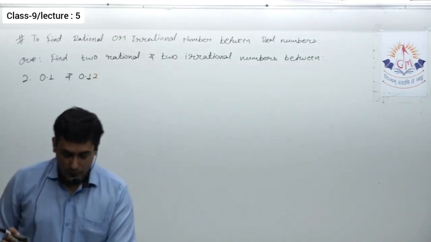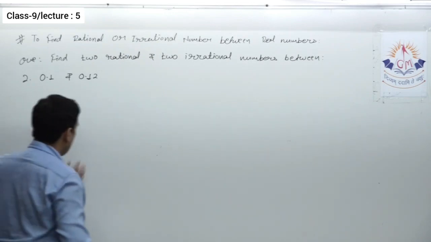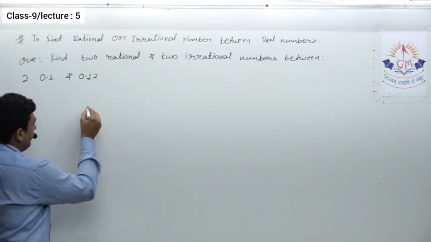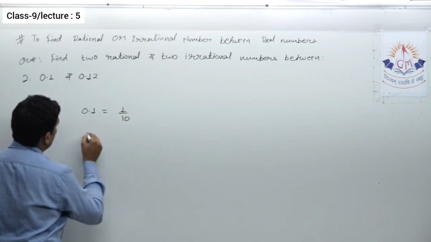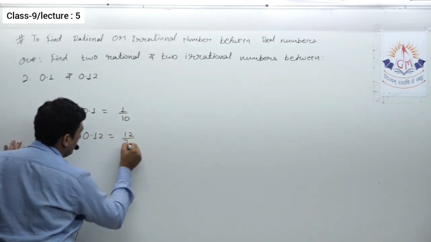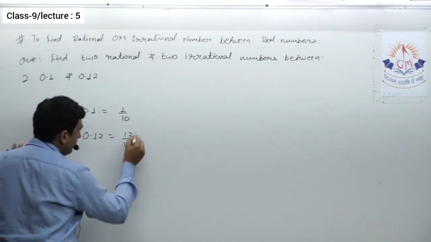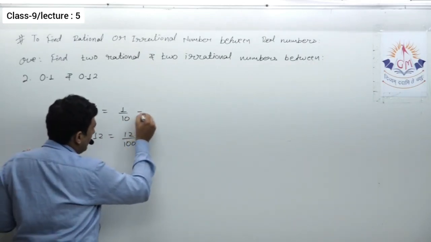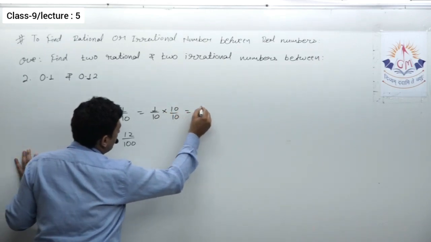Okay, now when two numbers are given in decimal form, then to find the rational numbers between these two, the very first thing I can do is write 0.1 as 1 upon 10. This 0.12 I can write as 12 upon 100. Okay, then as the denominator here is 100, to make it 100, I can write 1 upon 10 multiplied by 10 upon 10, so this will become 10 upon 100.